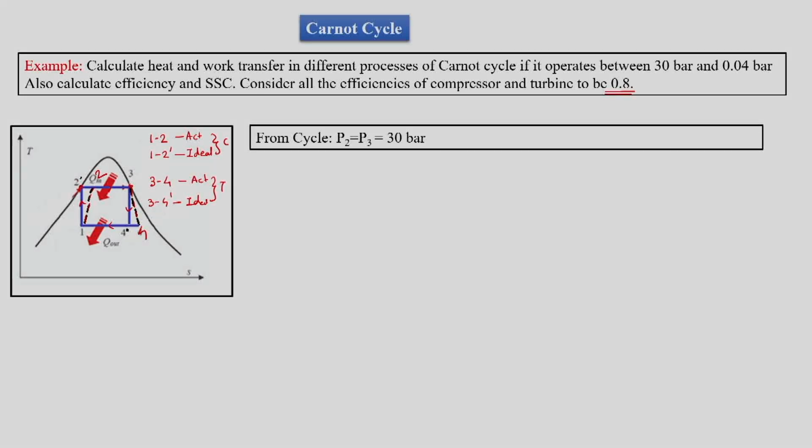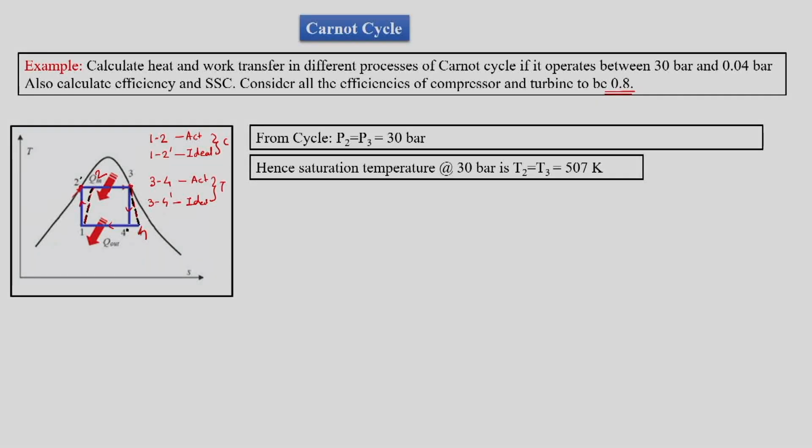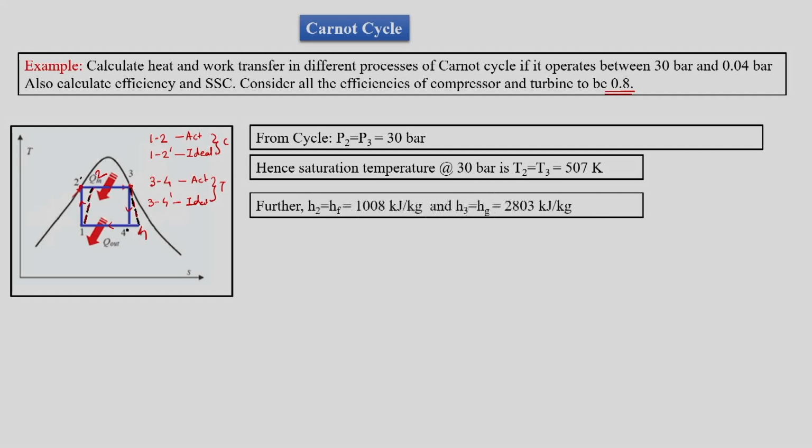So we again know that P2 is equal to P3, and this is given as 30 bar. Knowing this, we can know the properties at 2 dash and 3. With temperature 507, we know that H2 dash is equal to Hf, and that is given to us as 1008 kilojoule per kg from the steam table.